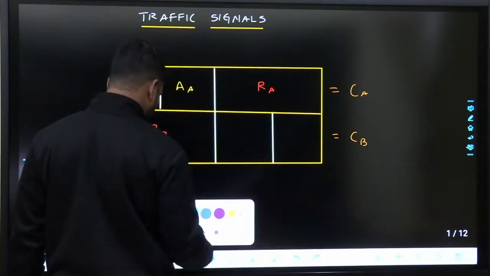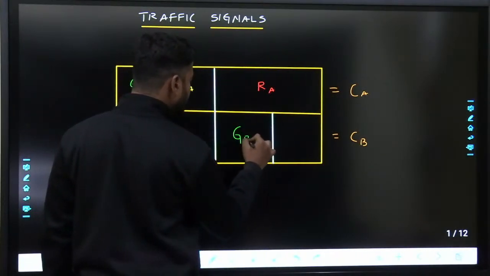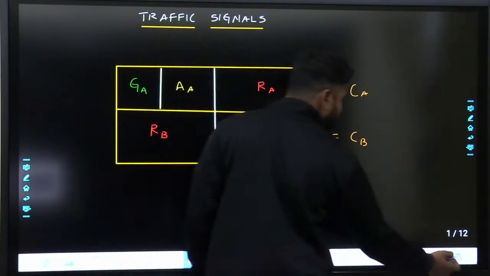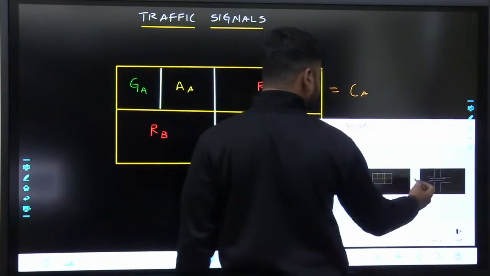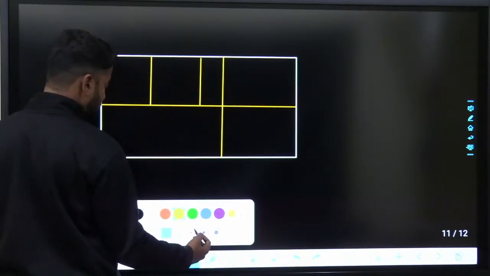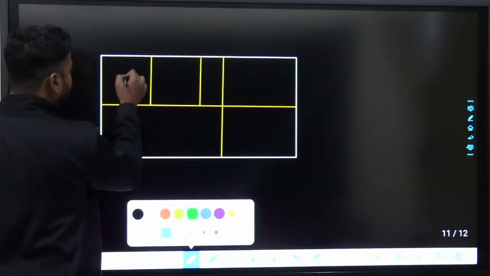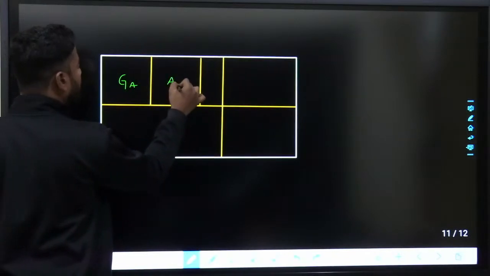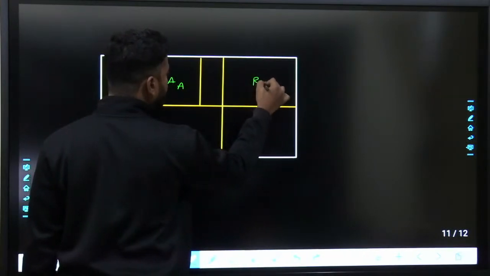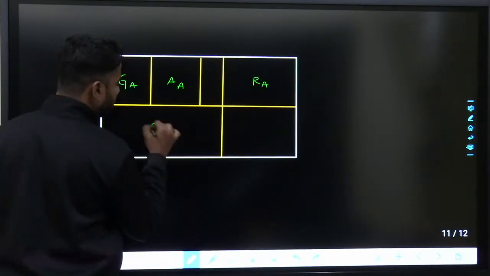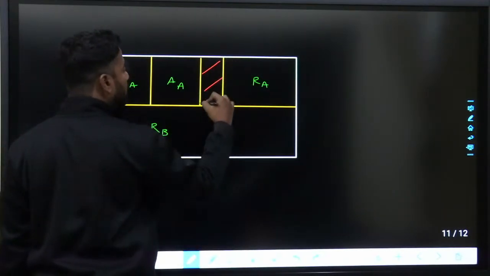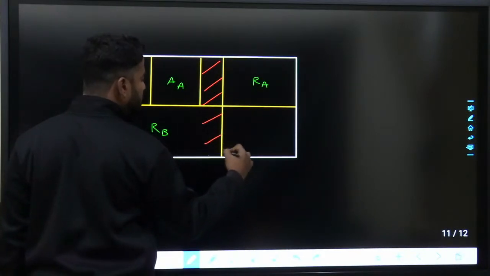There will be green A, amber A. Here there will be a red zone. This will be red A, this is red B. So this zone is called all red zone or clearance interval.